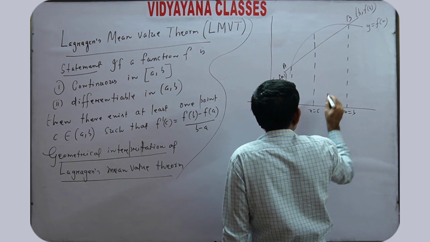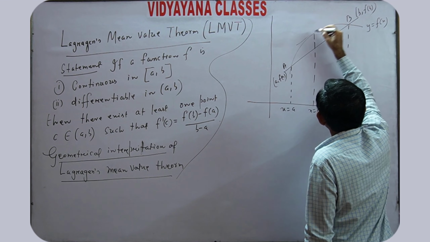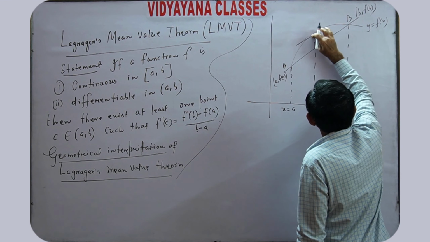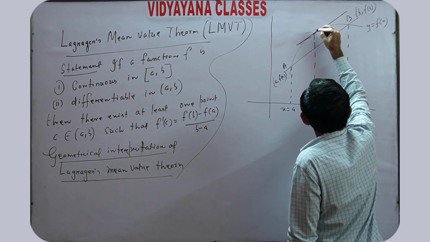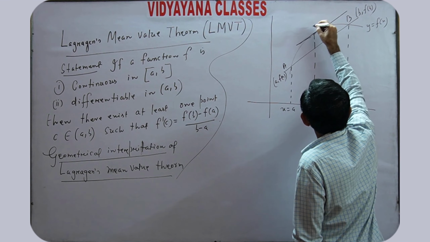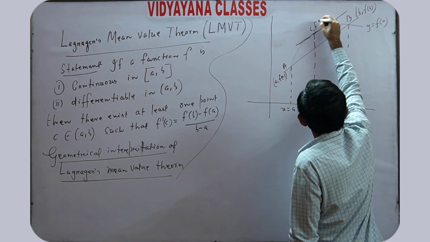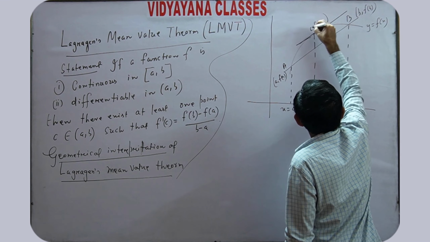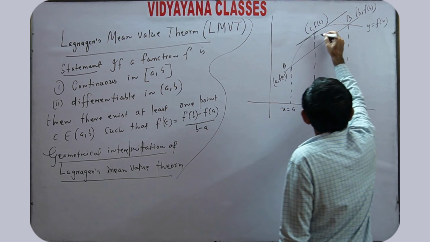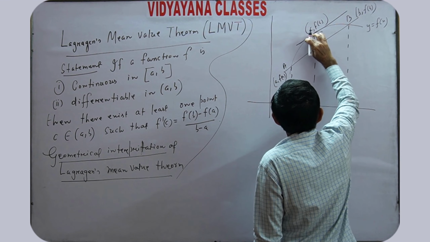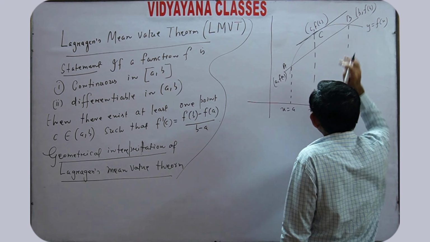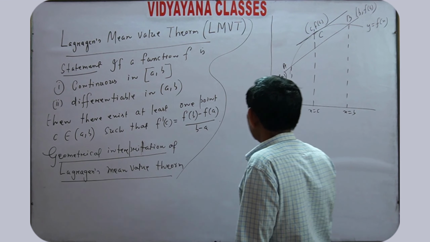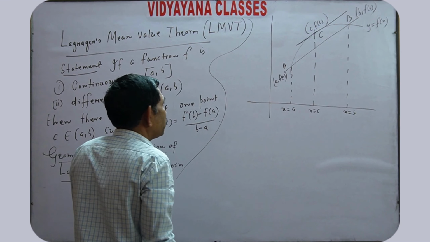At x equal to c, this point is capital C, c, f(c). The tangent is parallel to the chord.